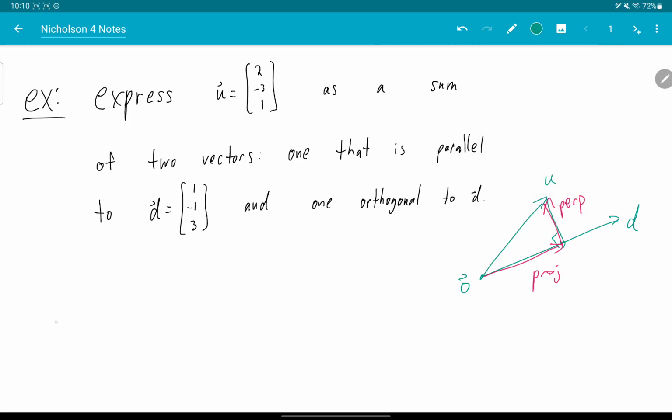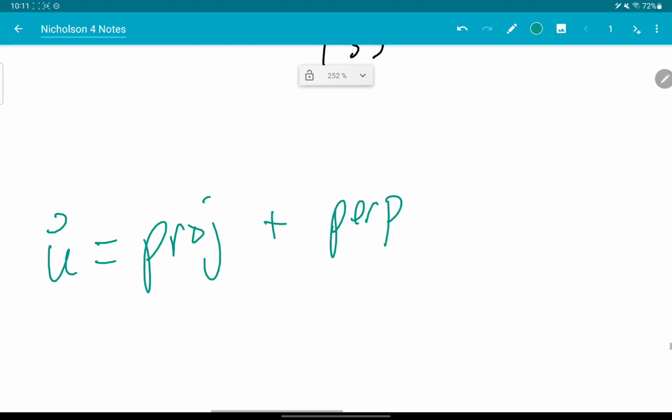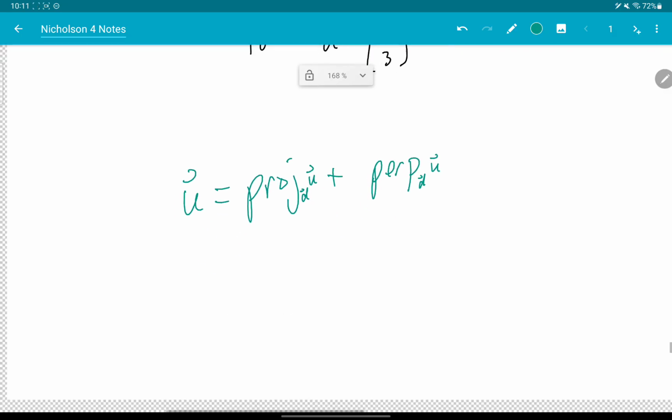Okay, from this diagram, U is going to equal the projection plus the perpendicular. I should put in the rest of my notation here, and then I can work this out.